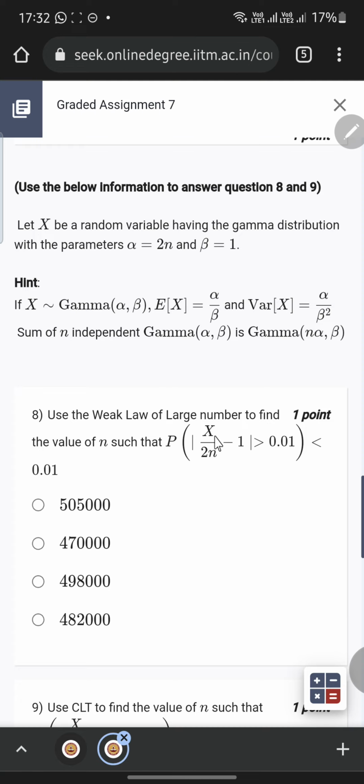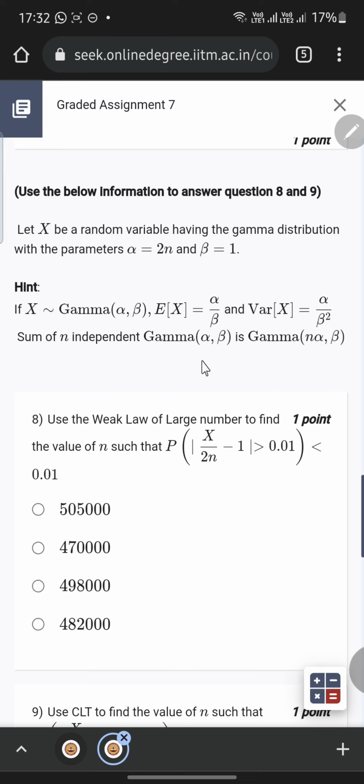That is all. The variance would actually be 1 for a single independent variable, and for 2n independent variables we get 2n upon 2n square, which results in 1 by 2n. I hope you are clear with my points here.